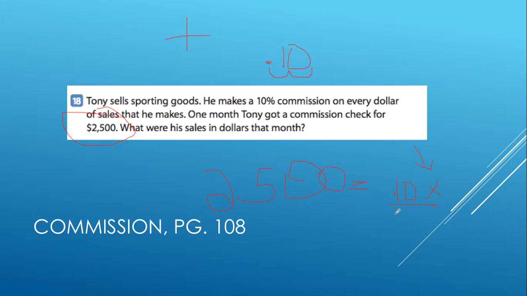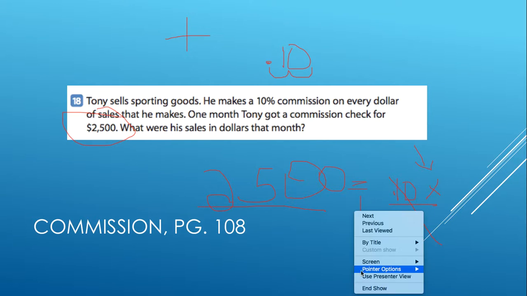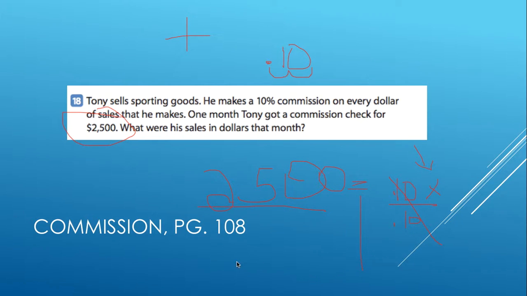So we want to divide by 0.10. Okay, and that makes these cancel out. That becomes just X. And then what you do on that side of the equation, this line comes down with your equals marks. Sorry, and you have to do it.